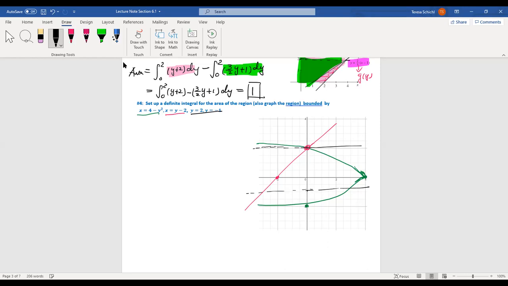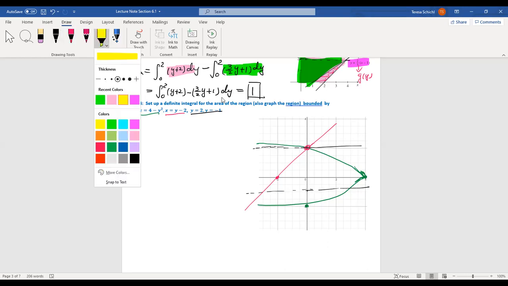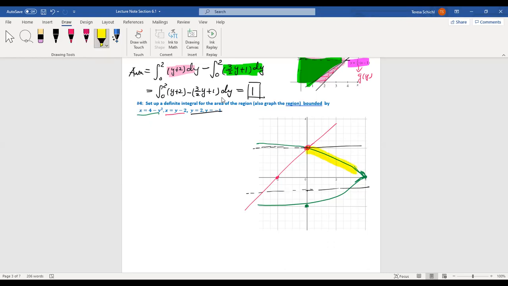Okay, so now let's highlight the area we're looking for here. It is bounded by these 3 curves and this line, so it's here. Correct?